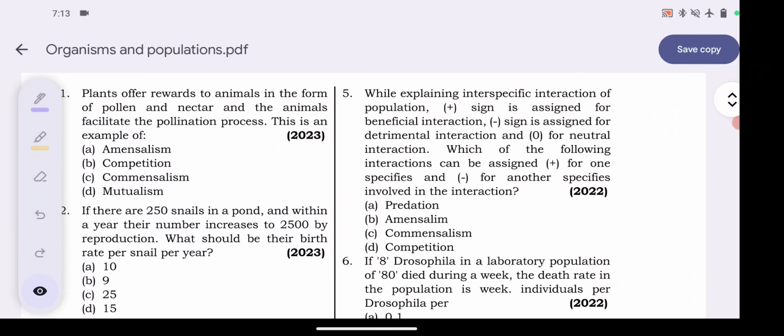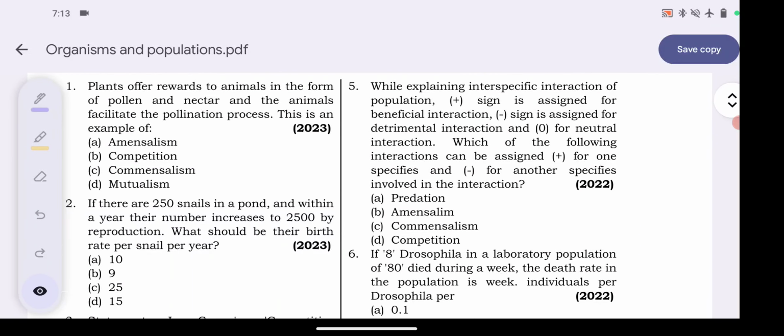Question number 5. While explaining interspecific interaction of population, a positive sign is assigned for beneficial interaction, a negative sign is assigned for detrimental interaction, and 0 for neutral interaction. Which of the following interactions can be assigned positive for one species and negative for another species involved in this interaction?